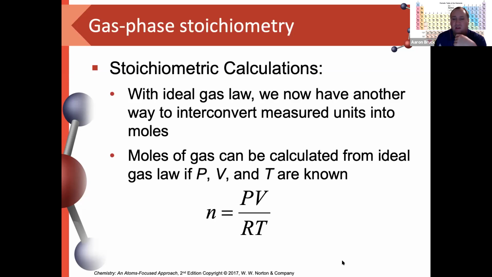And the way that we can do it is by using our ideal gas law. We now have a way of interconverting between the volume of a gas, which is usually pretty easy to measure, and the number of moles of gas, which is not often as easy to measure and would allow us to plug into our mole map.